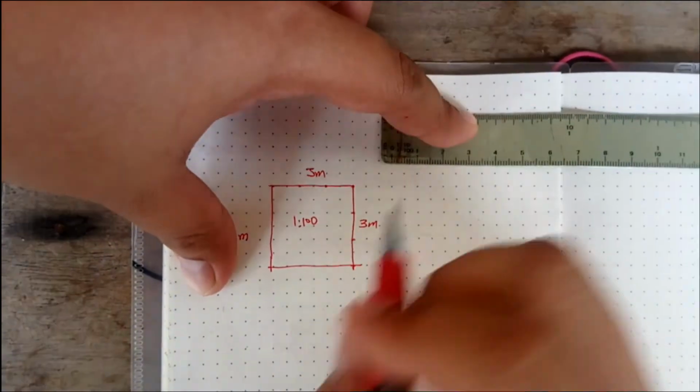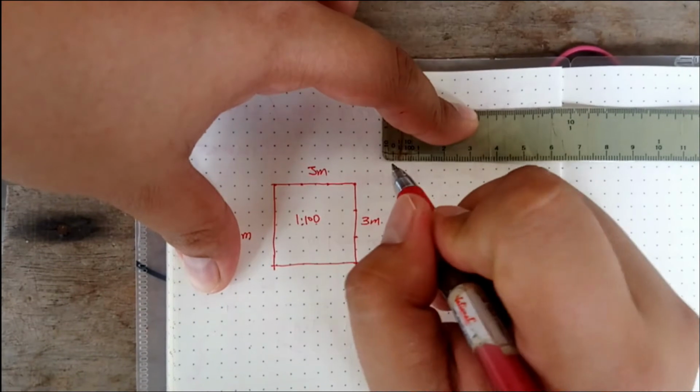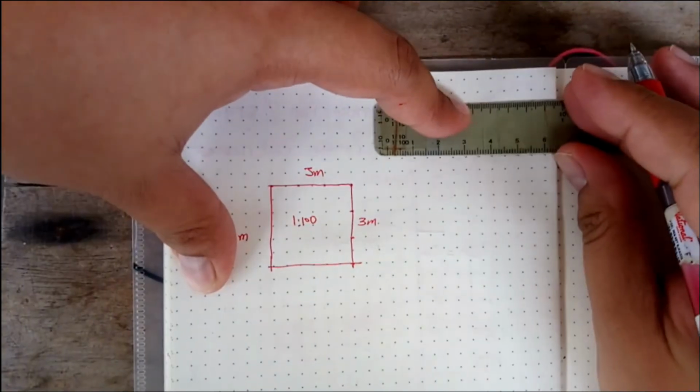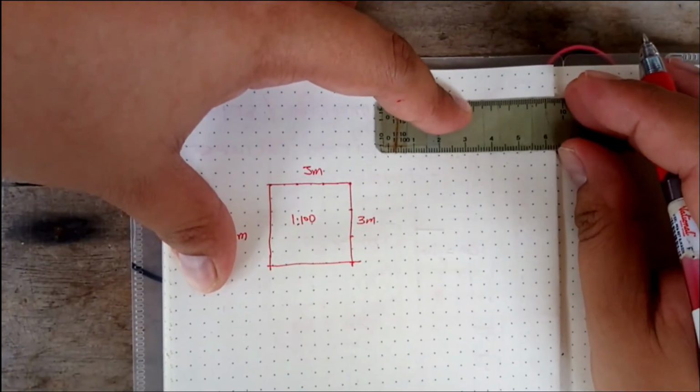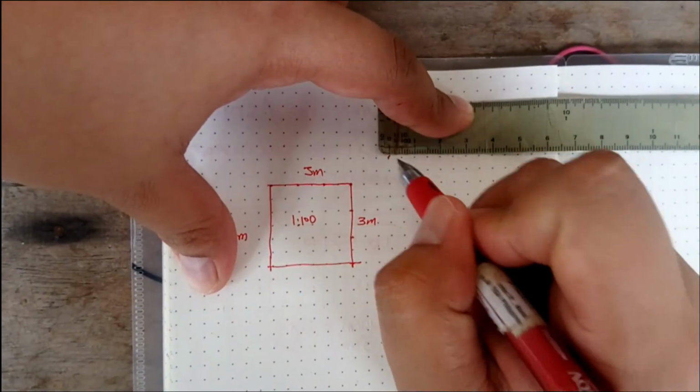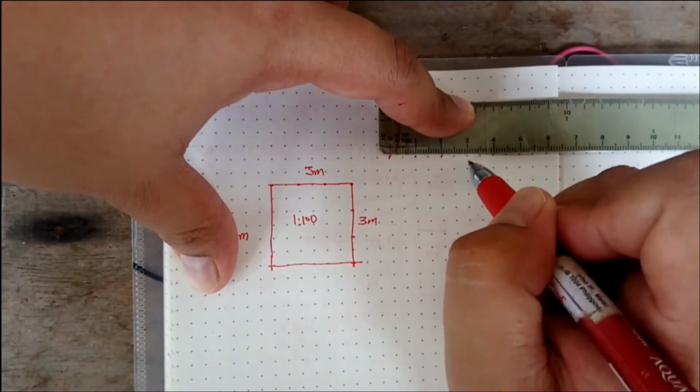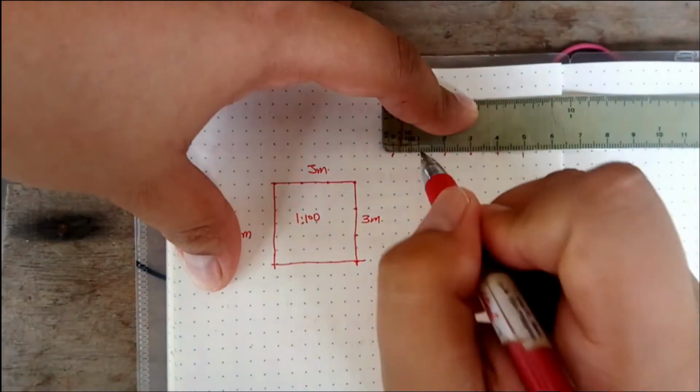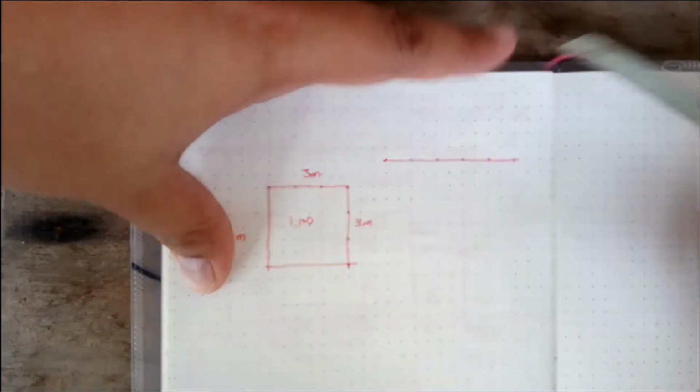Let's count 5. Because it's already 1 is to 10, each interval here becomes 0.1, 0.1, 0.2, 0.3, 0.4, 0.5. So this is 0.5.